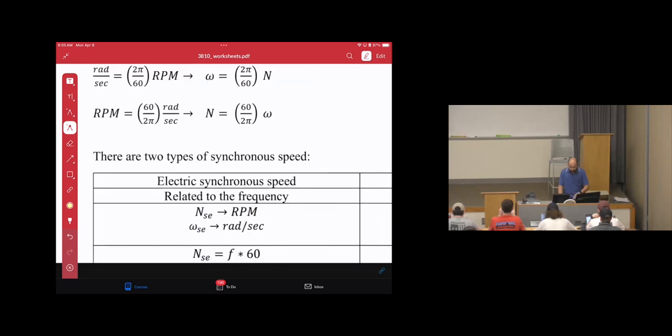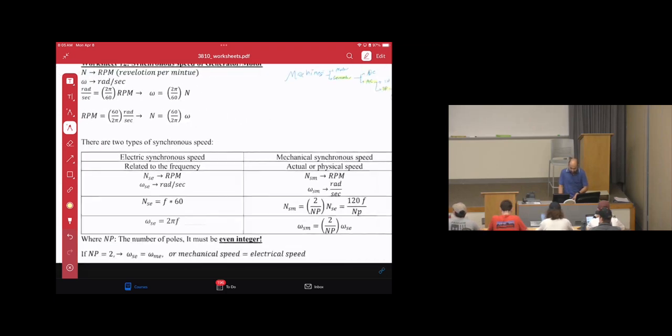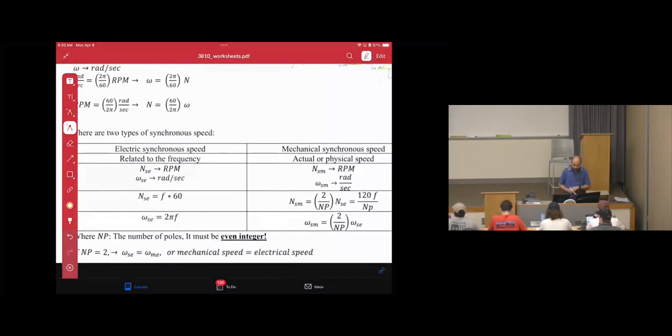While in the synchronous machine, we have two types of speeds, as we discussed last lecture, depending on the number of poles. There is something called electrical speed, and there is mechanical speed. Electrical speed is basically related to the frequency, as we see in the table, while mechanical speed is related to the actual speed or the physical speed.